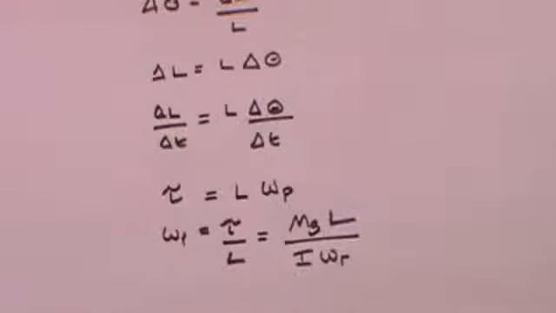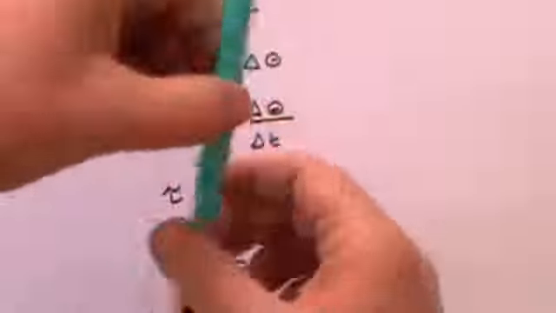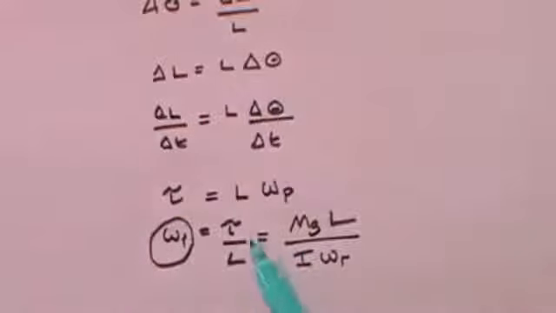So the disk is rotating with a certain frequency and the whole system is rotating with a precession frequency. This is the rotation of the disk. This is the precession frequency. And so you get that omega p, which is the speed with which the whole thing simply rotates, is equal to tau divided by L, which is mgl over I omega.